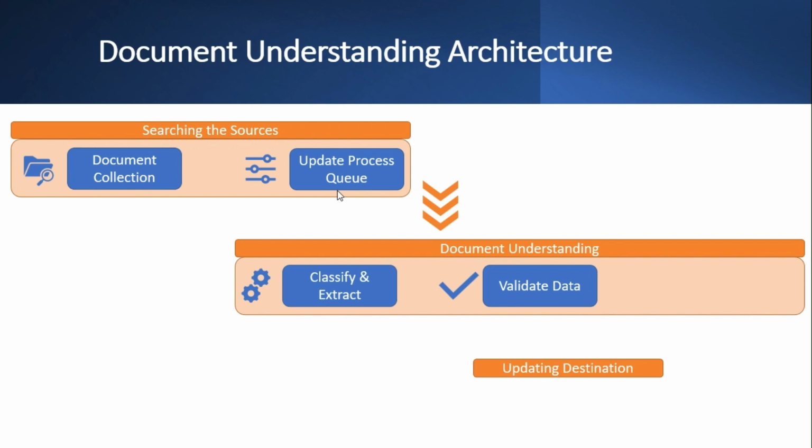So to pass that information to that particular process, that also needs to be stored somewhere, because that part is not handled in the document understanding flow, which is the second one here. The reason is there needs to be that separation because it interacts with different applications.